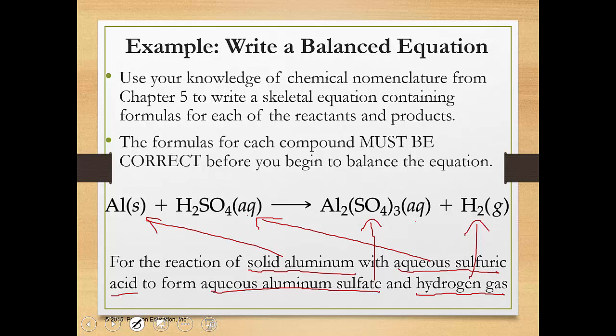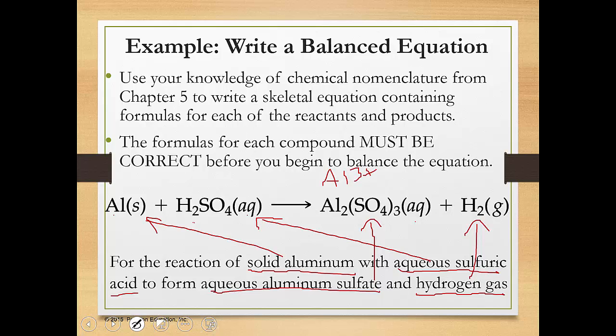Now, before we can do anything else, we have to be absolutely sure that we have the correct formulas for these. So aluminum in its atomic state is just aluminum. Okay, sulfuric acid, make sure we have 2 of those hydrogens to balance out the 2- charge on the sulfate, H2SO4. Here we know that aluminum is a 3+ ion.